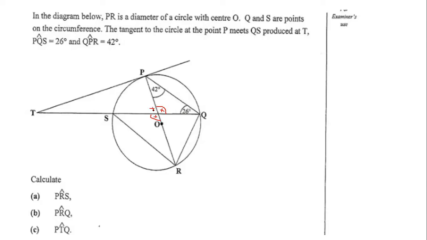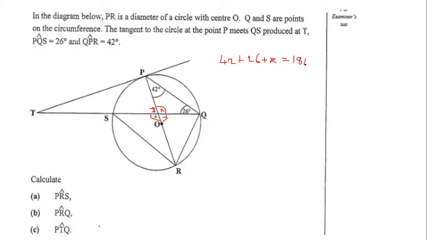Meaning if this one is y, even this one is also y. So that is the rule that they follow. So now we can add 42 plus 26, plus x. This one should be equal to 180.